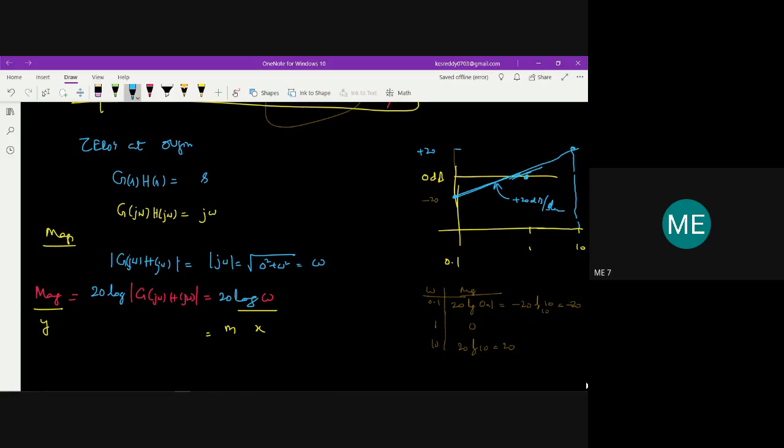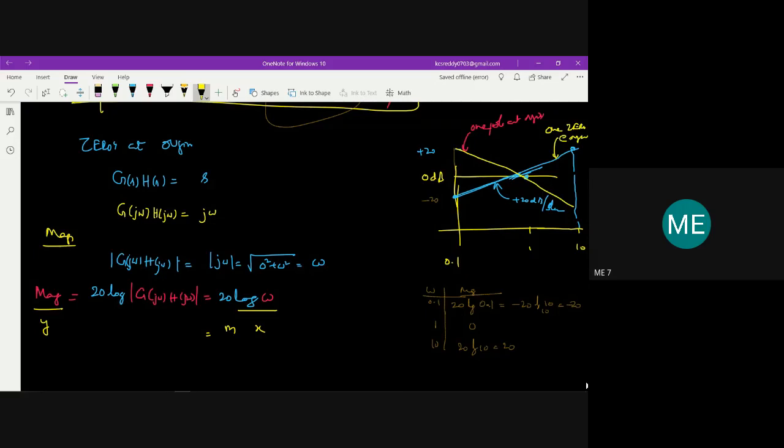Okay, so this is 0 at origin. One pole at origin is the reverse, it goes like this. If you have one pole at origin, and the differentiation, if you show here, this is one zero at origin.